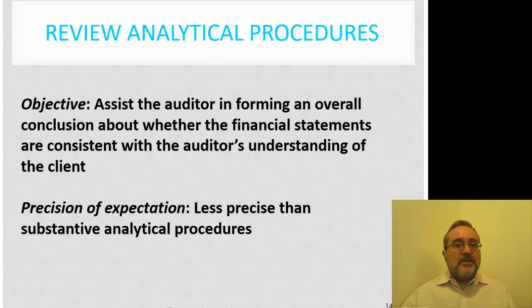So the ending review ratios that we're doing at the conclusion of the audit essentially give the auditor an opportunity to step back from the audit, reassess what these ratios mean, and provide a better understanding of the client and the overall conclusions related to the audit, and make sure that there's nothing that possibly was missed in these beginning analytical procedures.